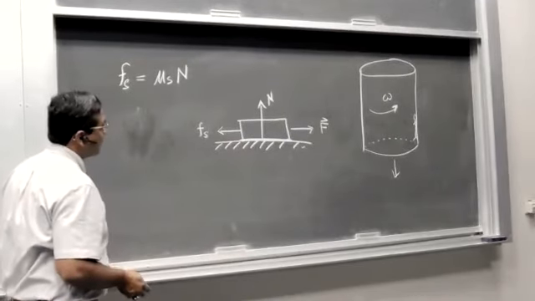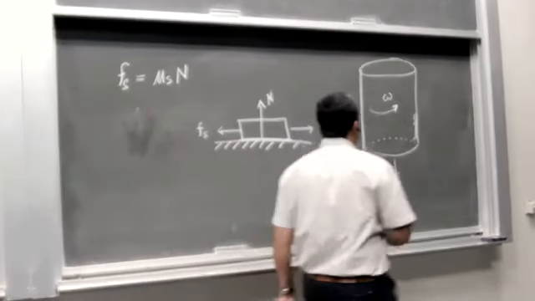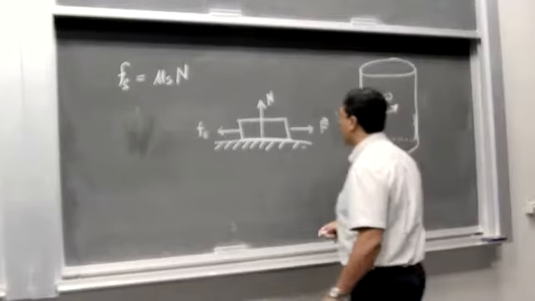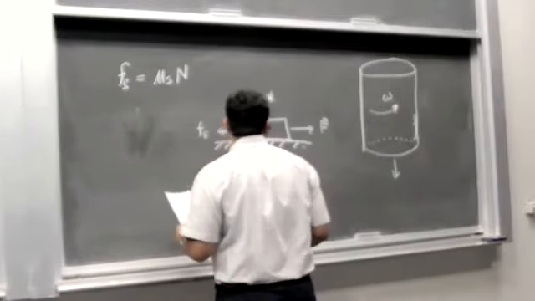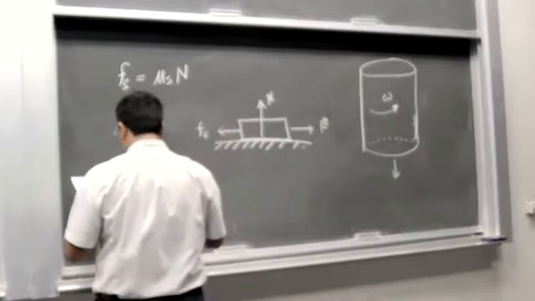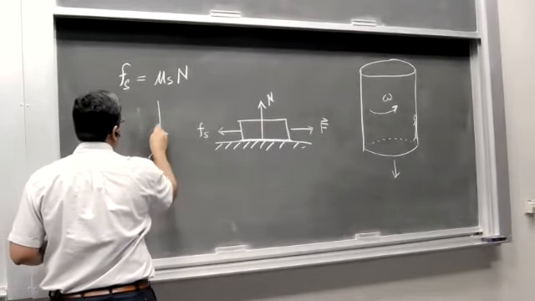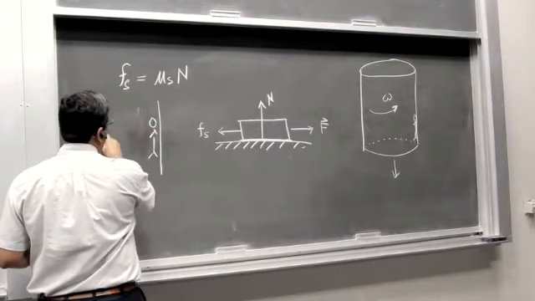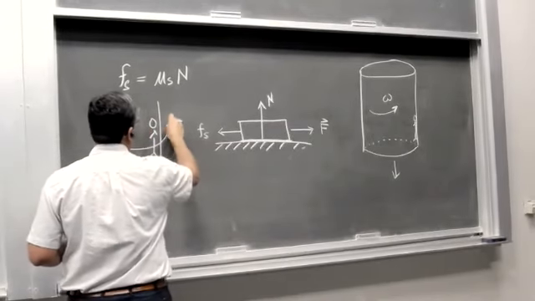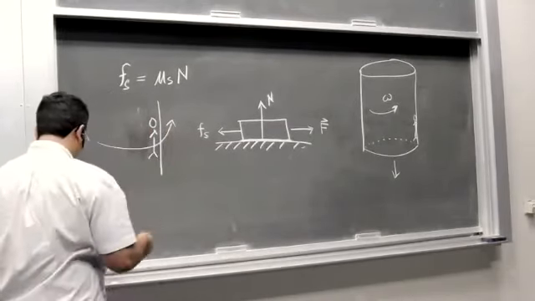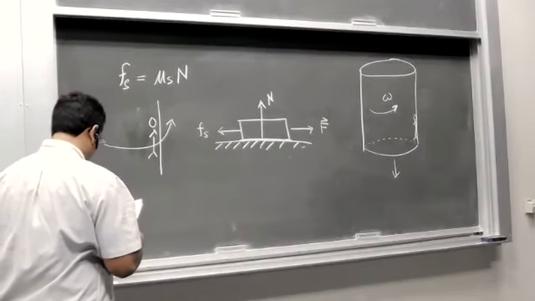So what stops people? Let's try to make a free body diagram of a person inside the rotor. This is the wall, and this is the person, and the wall is moving in a circle.